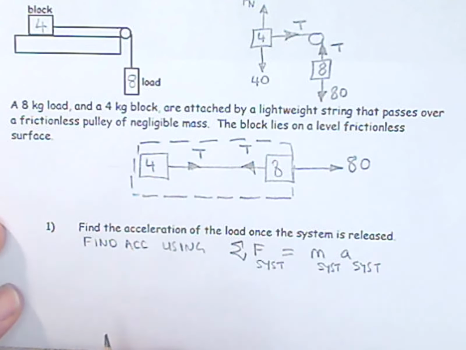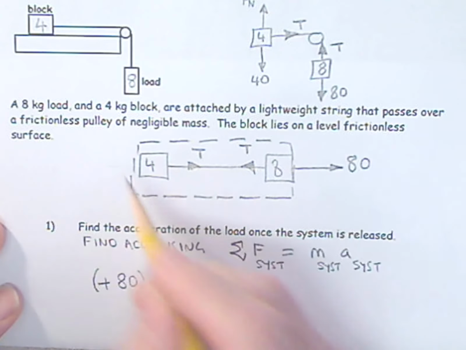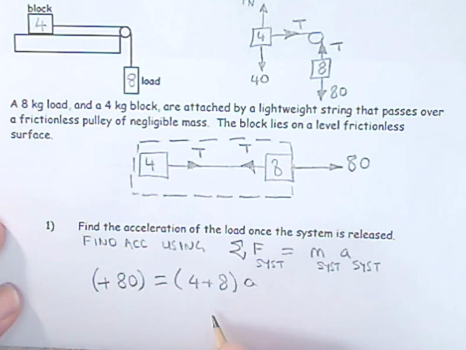So I look at my diagram and I say plus 80. That's the force that's on the edge here. There's nothing on this edge. Is equal to the mass, and I like to put down 4 plus 8 just so that when I check it I know what I did, times a.